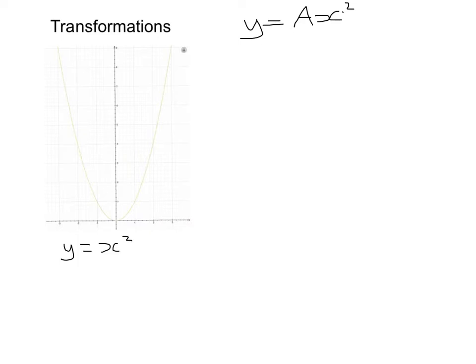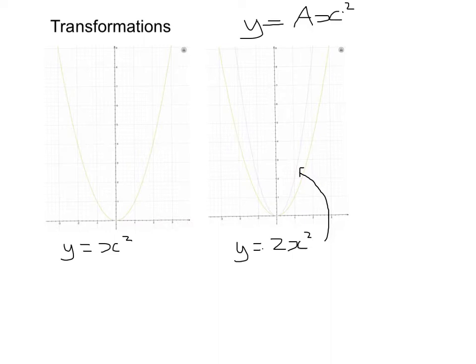So what would happen if we were going to change this to y equals 2x squared? Now here's the graph y equals 2x squared, and as you can see the graph seems to have got narrower or steeper. So a equals 2 is steeper.